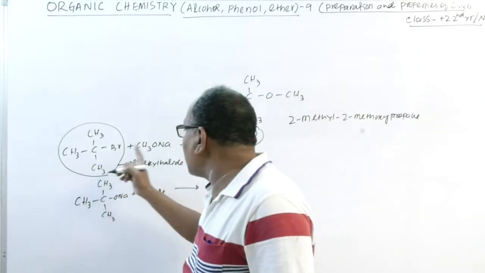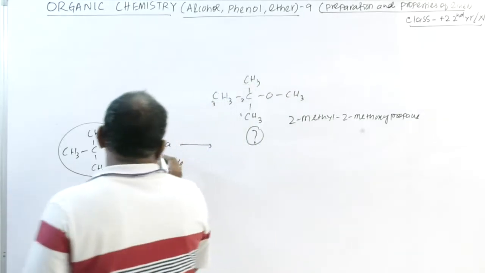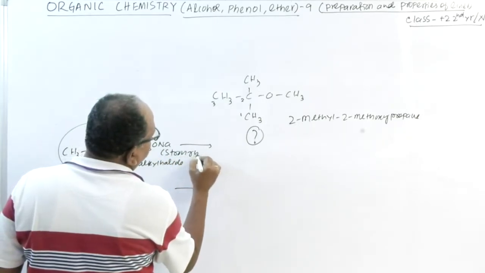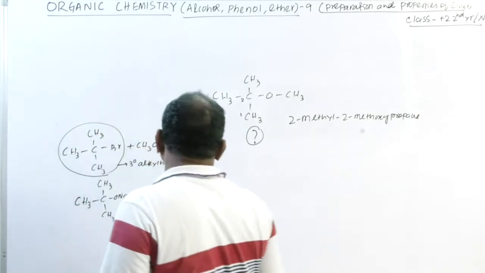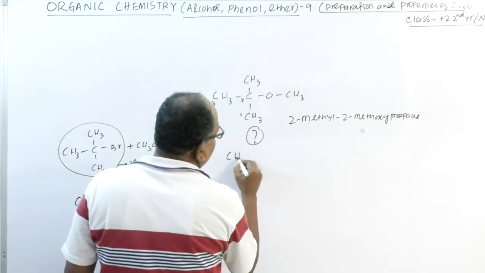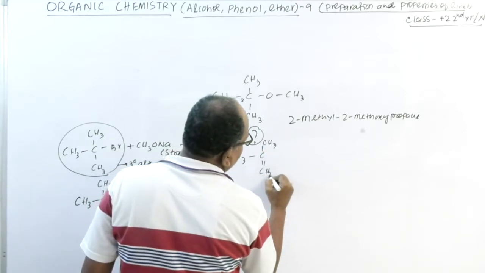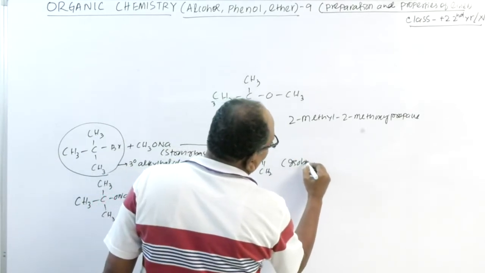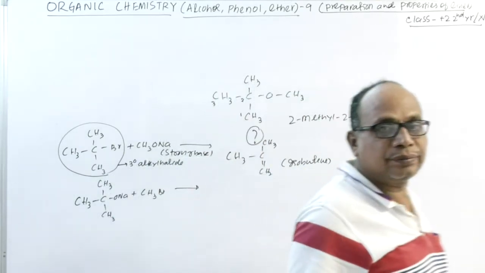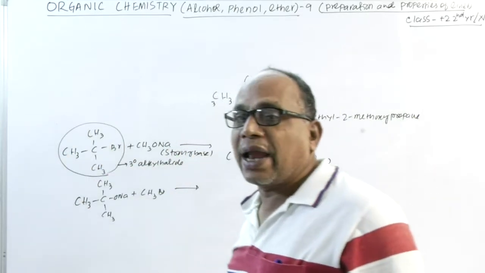If this is treated with sodium ethoxide, which is a very strong base, in the presence of a very strong base it undergoes an elimination reaction. It forms CH3, C, CH3, double bond, CH2, isobutene. It does not form the ether, because this undergoes elimination reaction.